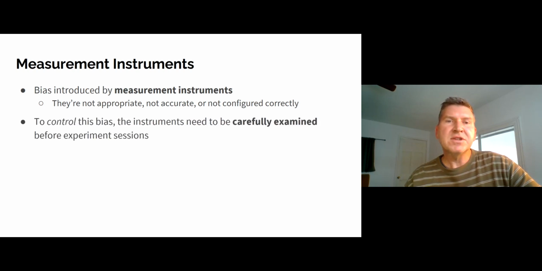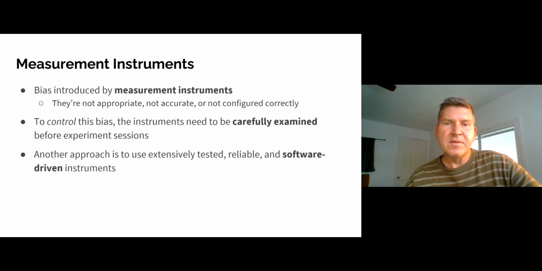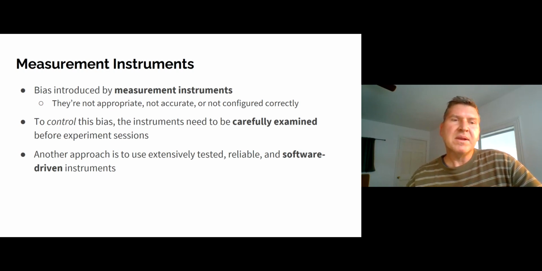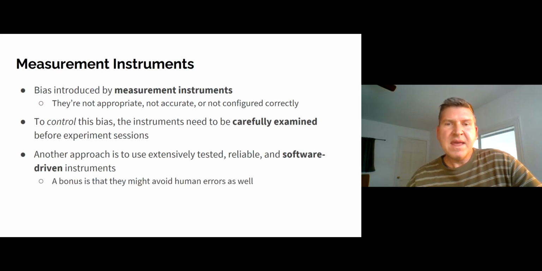So we need to make sure that the instruments are carefully examined. Another one is to use software-driven instruments, because later on, if we do this experiment and we find that there's some kind of bias, we can make some kind of adjustments. And typically, they have been tested really well, and they're reliable, meaning they are known to be accurate. So they may also avoid human errors in some cases.